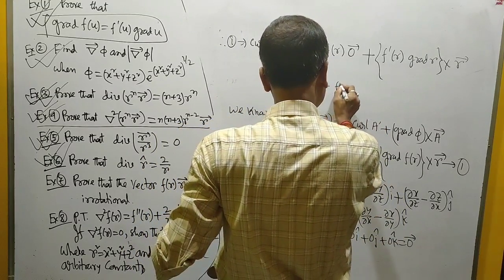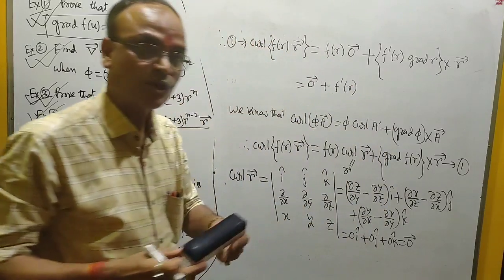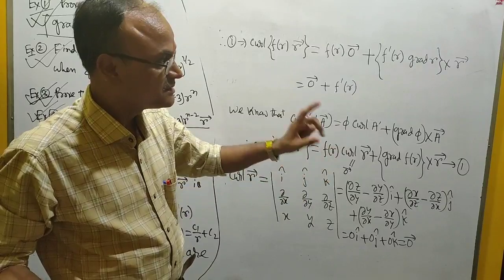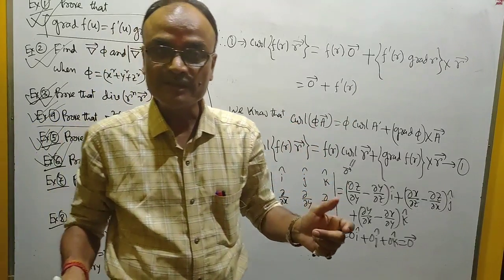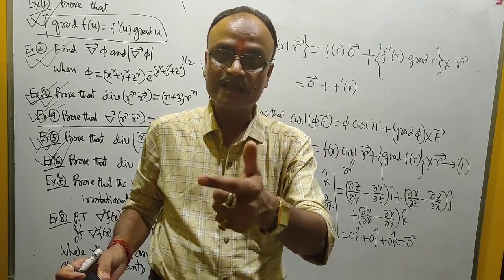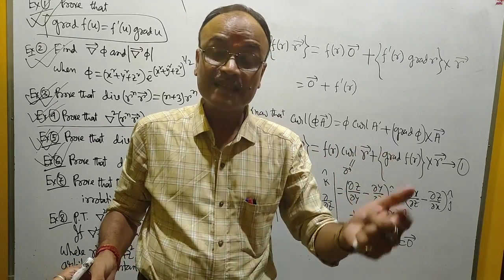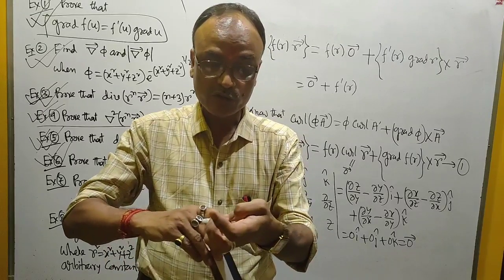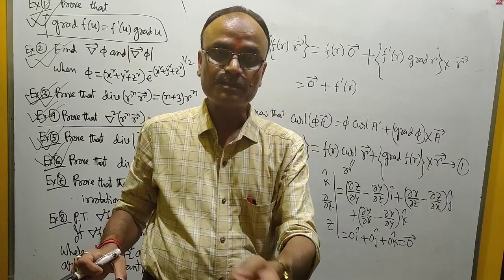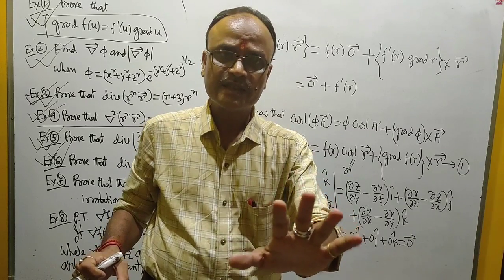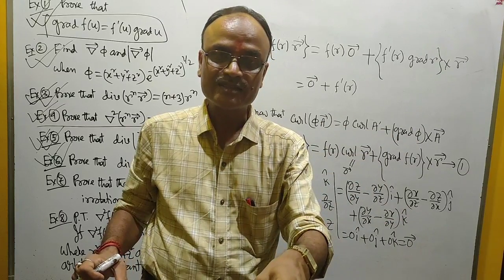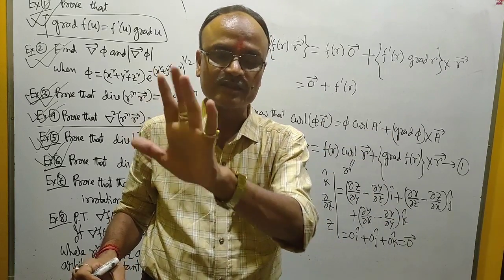Plus f dash r. What is gradient of r? Gradient of r means i cap del r by del x plus j cap del r by del y plus k cap del r by del z. What is del r by del x? r square is equal to x square plus y square plus z square. Differentiate it partially with respect to x. Then you will get 2r del r by del x equal to 2x plus 0 plus 0.